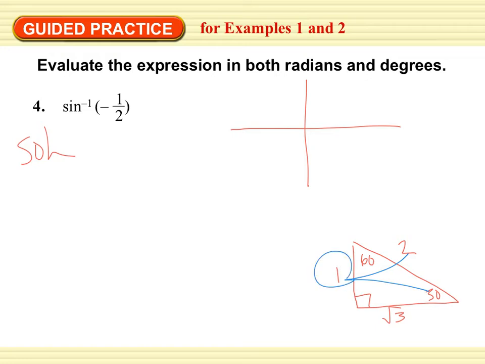That means my 1 needs to be negative. So across from the 1, there we are. Cool. So that's -1. So opposite over hypotenuse gives me -1/2. So I'm at -30 degrees, which is negative pi over 6.